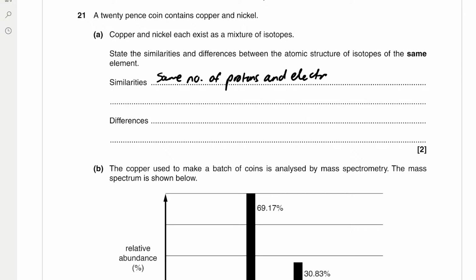For example, every isotope of hydrogen will have one proton and one electron, but the difference is that they have different numbers of neutrons. For example, deuterium, which is an isotope of hydrogen, called heavy hydrogen, has one neutron, which hydrogen-1 doesn't have.